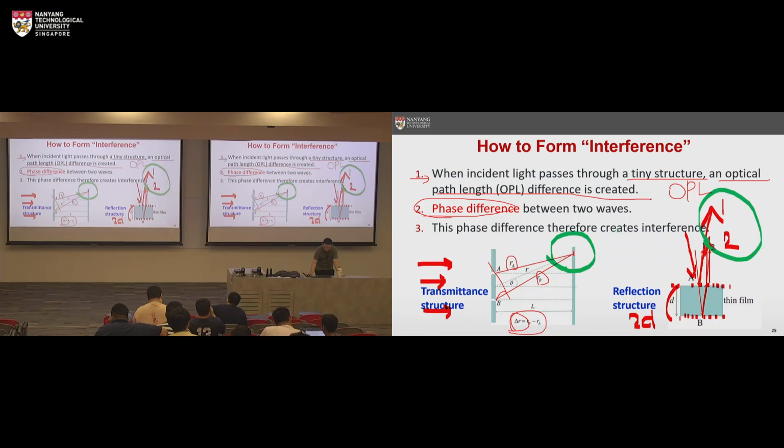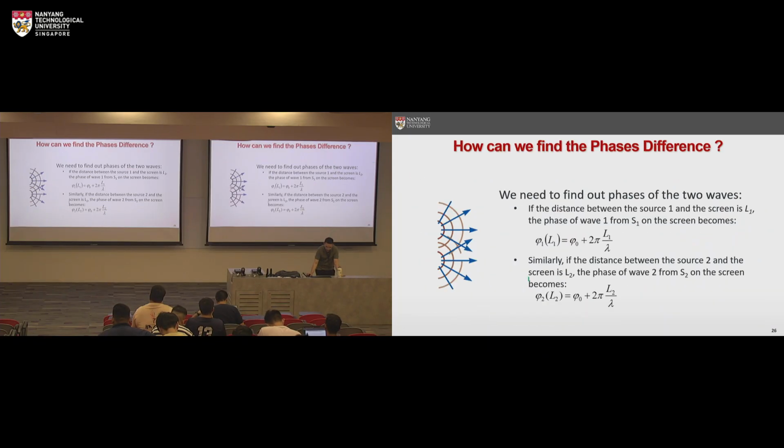Okay, so this is the cause of interference. You must have two lights. The two lights must have a certain amount of optical path length difference to be generated in order to see this phase change.